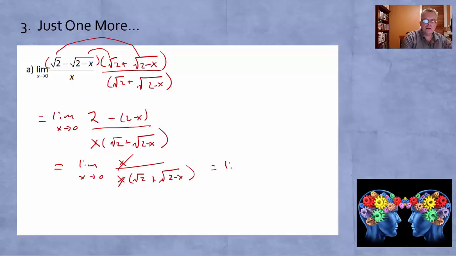And I get the limit as x approaches 0 of 1 over square root of 2 plus square root of 2 minus x. Now, this is not going to 0 anymore. So if I put in just 0, I get 1 over square root of 2 plus square root of 2, which is 1 over 2 square root of 2. Okay, I'm going to leave it like that.